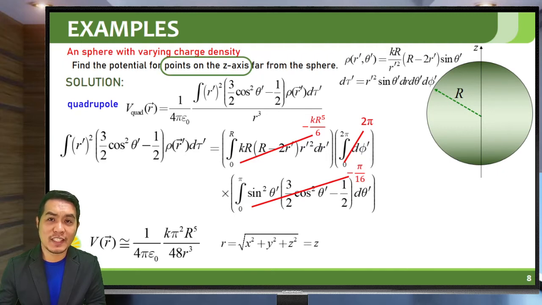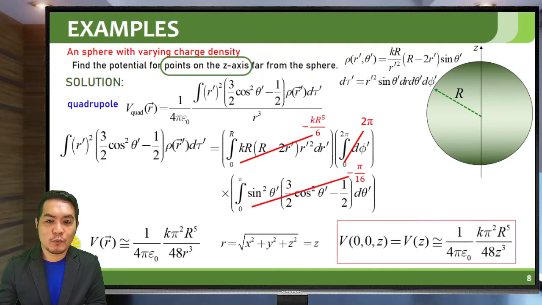So the coordinates of those points are 0, 0, z, and the potential only depends on z. So you just replace r by z, and this is now the potential for points on the z-axis far from this sphere with varying charge density.